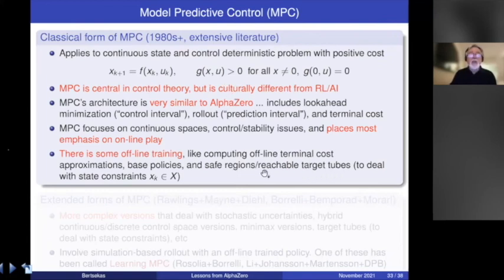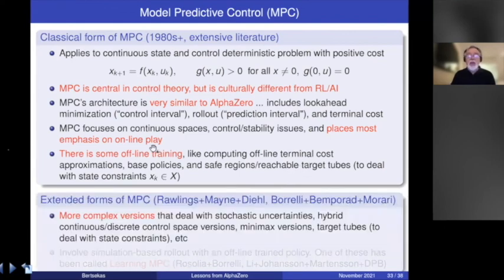Okay, so this is the classical form of MPC, but there are a lot of extensions. And you can look at, for example, the recent books by Rawlings, Mayne, and Diehl, and Borrelli, Bemporad, and Morari, which describe a lot of extensions that deal with stochastic uncertainties, hybrid systems involving both continuous and discrete control and space components, minimax versions, target tubes, and so on.